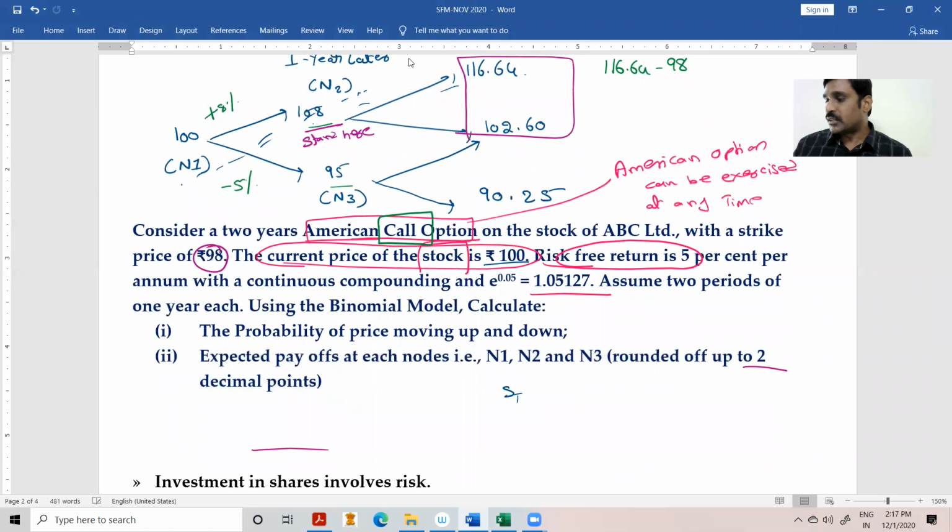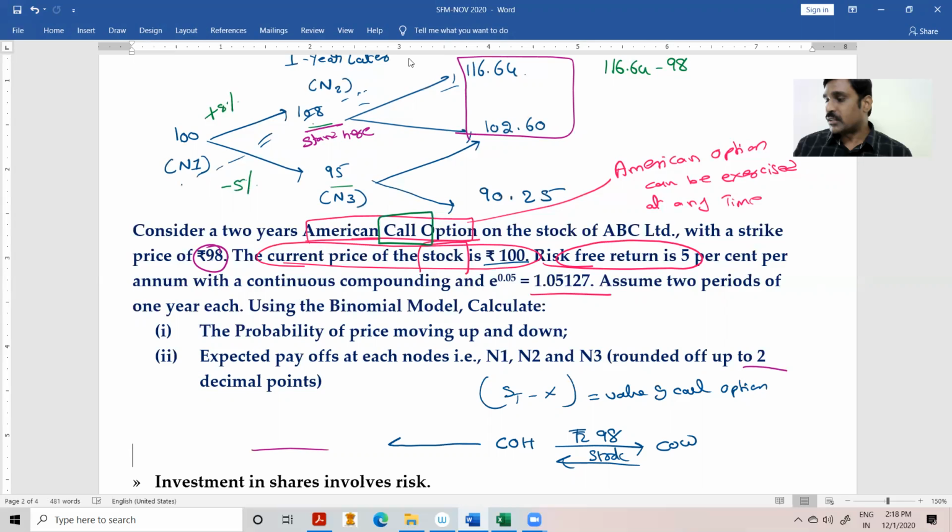Don't just say ST minus X is equal to the value of the call option. That is a formula. What is going on there? The call option holder goes to the call option writer, pays 98 rupees and gets the stock.